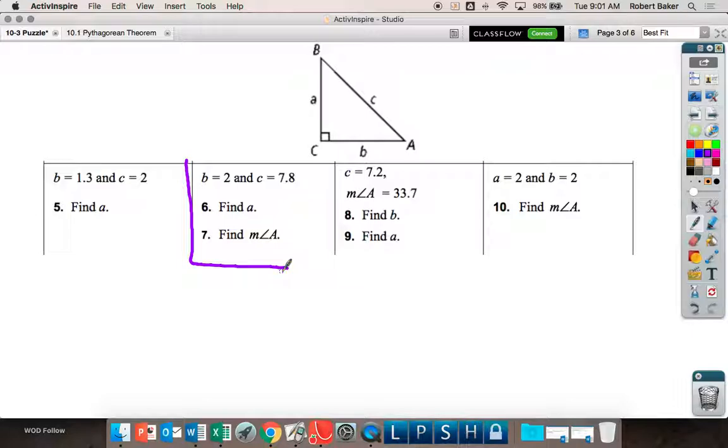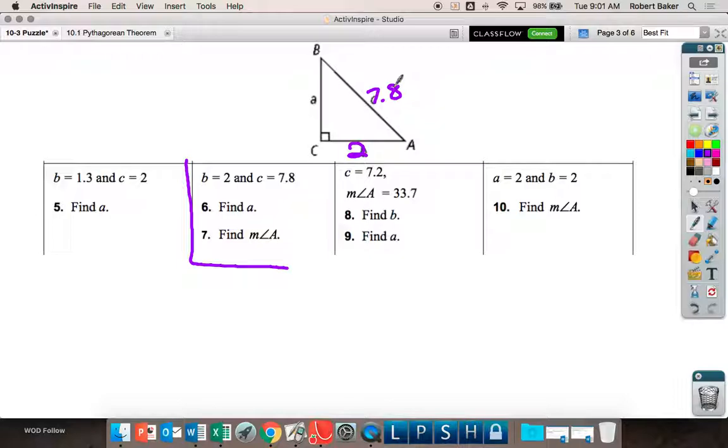So number 6: B is 2, and C is 7.8. It says find A, little a. How would you do that?